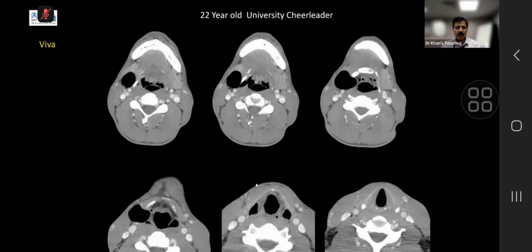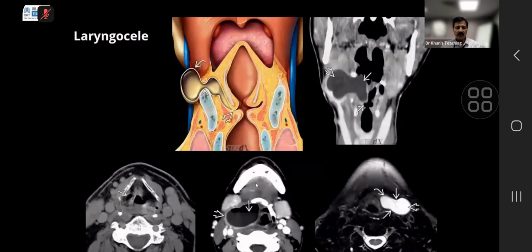So this is a simple laryngocele, just containing air. But sometimes it can have fluid inside. Trapped fluid can be inside. And sometimes it can become infected, and then it will be a pyolaryngocele. So now we stop here.